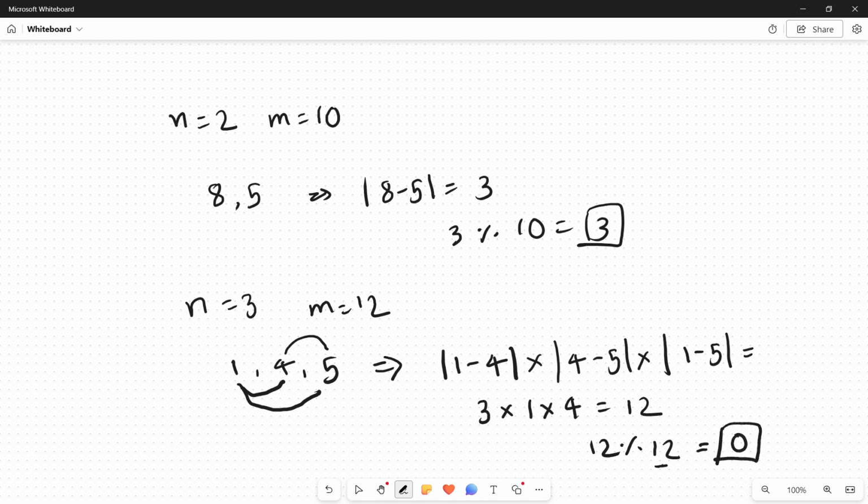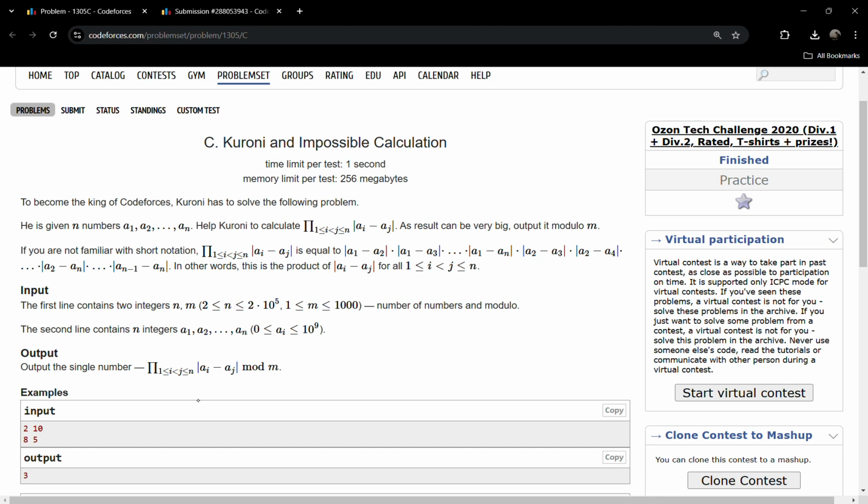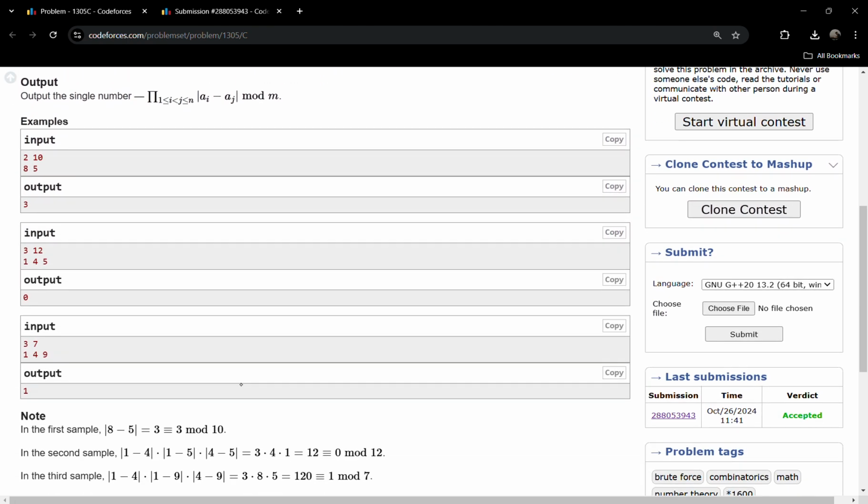So in this test case the answer should be 0.